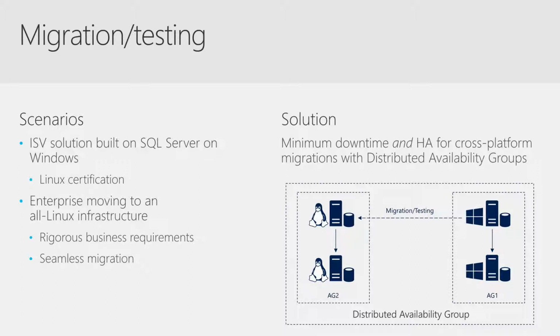Using SQL Server 2017, you can migrate SQL Server workloads cross-platform by setting up a distributed availability group with primary on Windows and secondary on Linux. We do not recommend running in this configuration in a steady state, as there is no cluster manager for cross-platform orchestration, but it is the fastest solution for a cross-platform migration with minimum downtime.